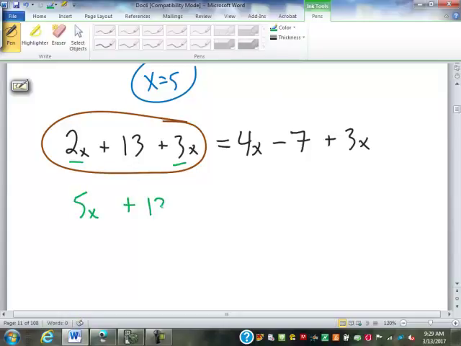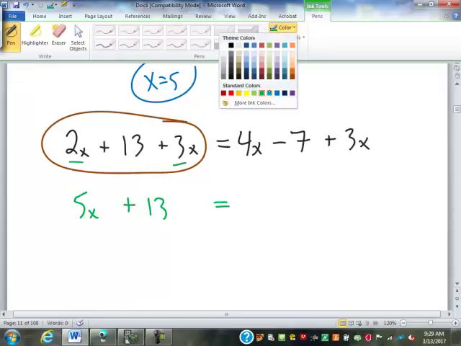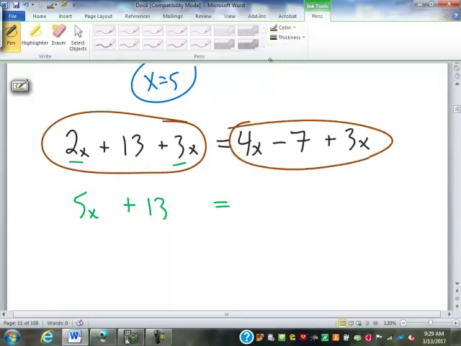I still have the plus 13. Nothing else I can combine on the left, so I'm going to go over to the right side. So over here, anything I can combine there? 4x and 3x make 7x. I still have the minus 7.